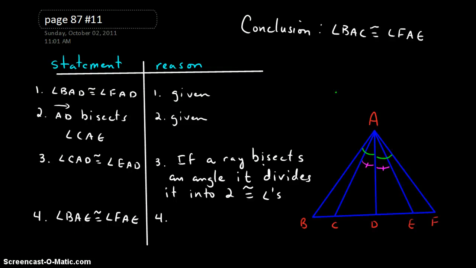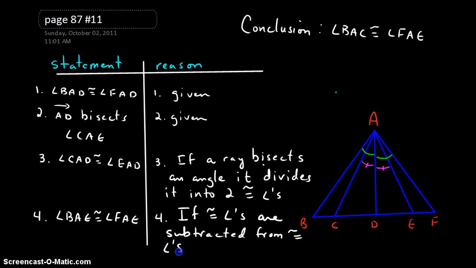So if congruent angles are subtracted from congruent angles, their differences are, let me just use a symbol there, congruent.